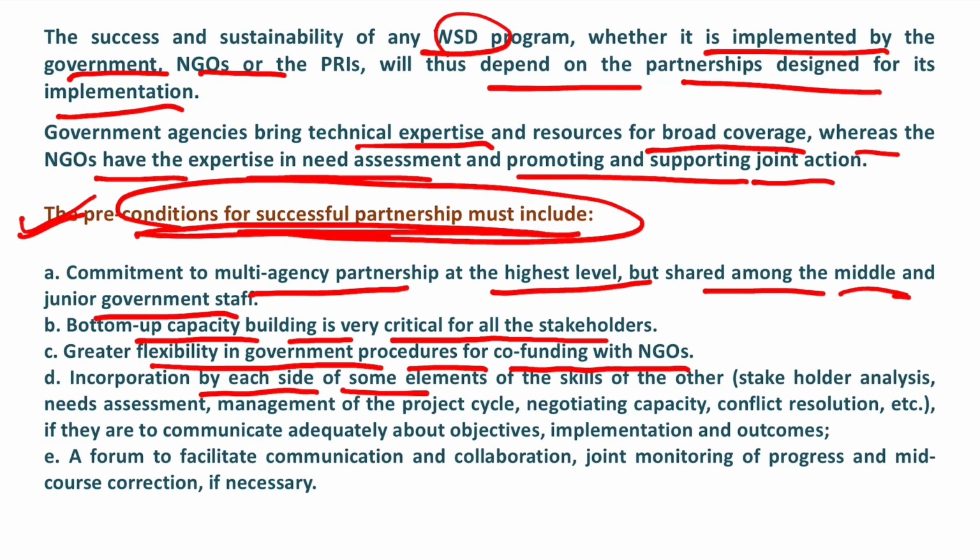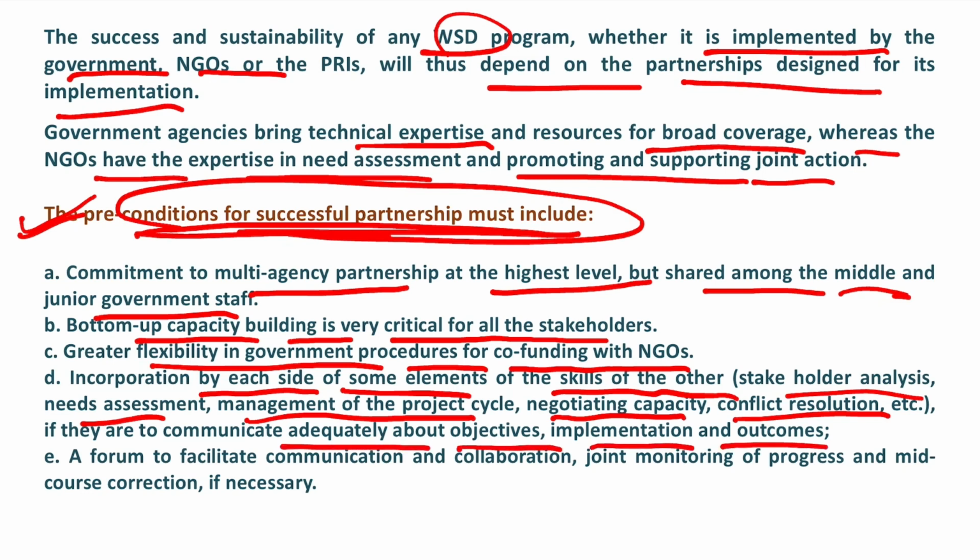Incorporate by each side the skills of the other: stakeholder analysis, need assessment, management of project cycle, negotiating capacity, conflict resolution, etc. If they are to communicate adequately about objective, implementation, and outcome, a forum to facilitate communication and collaboration, joint monitoring of progress, and mid-course correction if necessary.